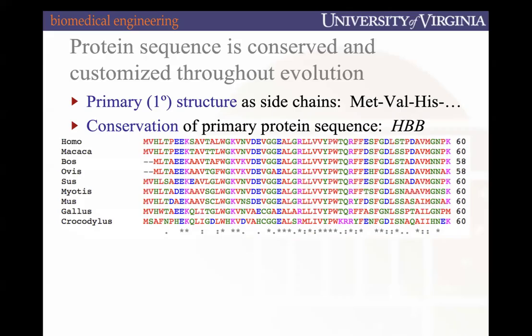If you just take a moment to look at the primary structure here, looking at the amino acid sequence, there's a fairly clear similarity of this amino acid sequence across all of these species. So this is the conservation of protein sequences across species, across evolution, and this is across about 160 million years of evolution.